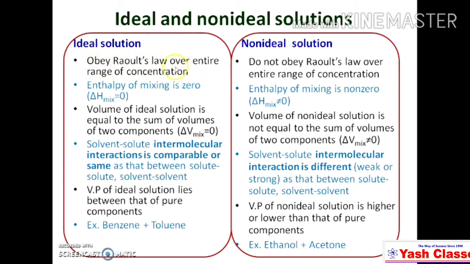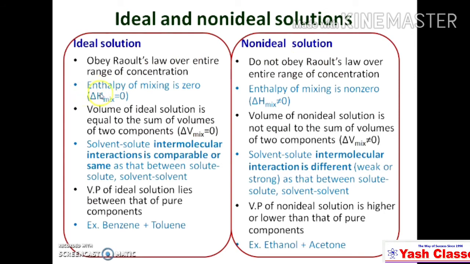So it obeys Raoult's law over entire range of concentration from low to high concentration. On the other hand, non-ideal solutions do not obey Raoult's law over entire range of concentration. Especially, non-ideal solution obeys Raoult's law when solution is very dilute.